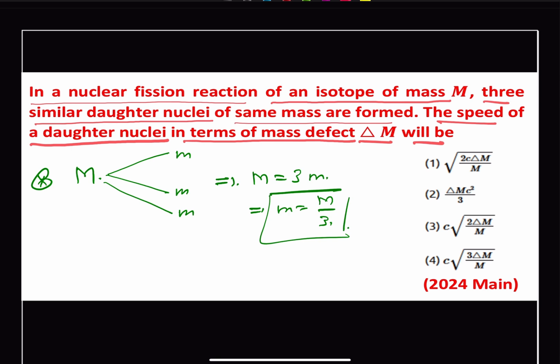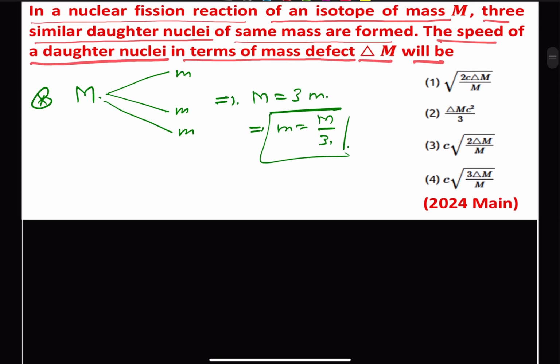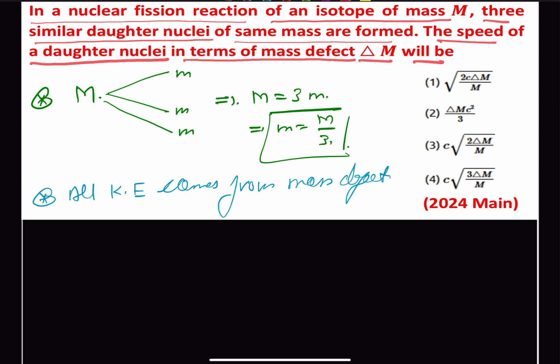From the mass defect we can write the energy per nucleus, and in this case we can just assume that all the kinetic energy comes from the mass defect. It basically means we are going to ignore the binding energy.